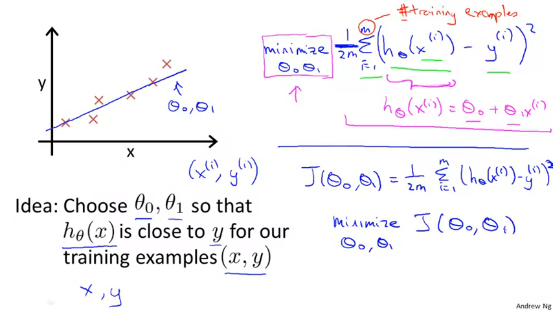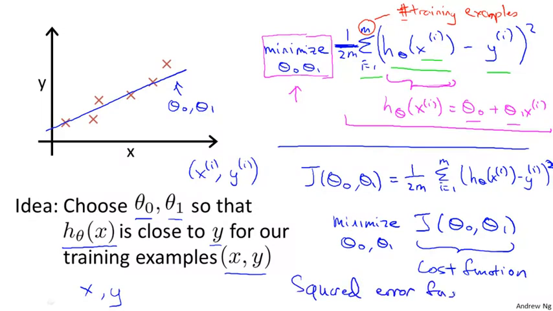Where, just to write this out, this is my cost function. So this cost function is also called the squared error function, or sometimes called the squared error cost function.